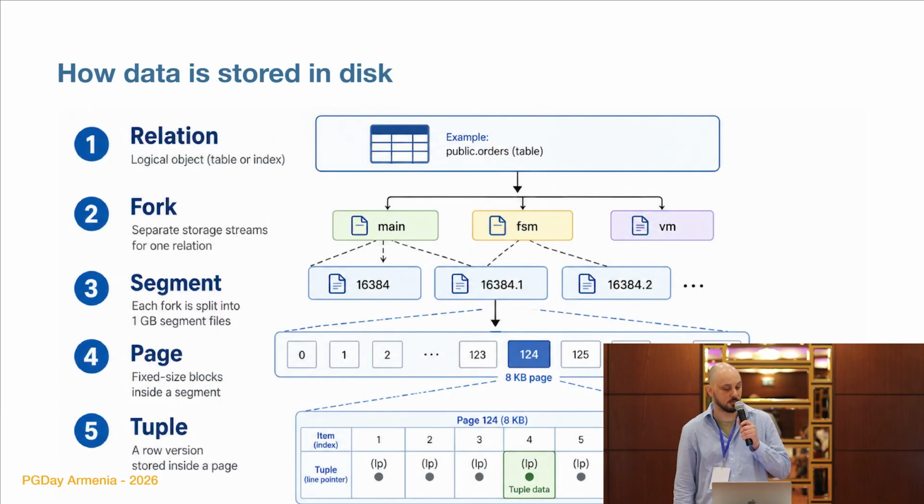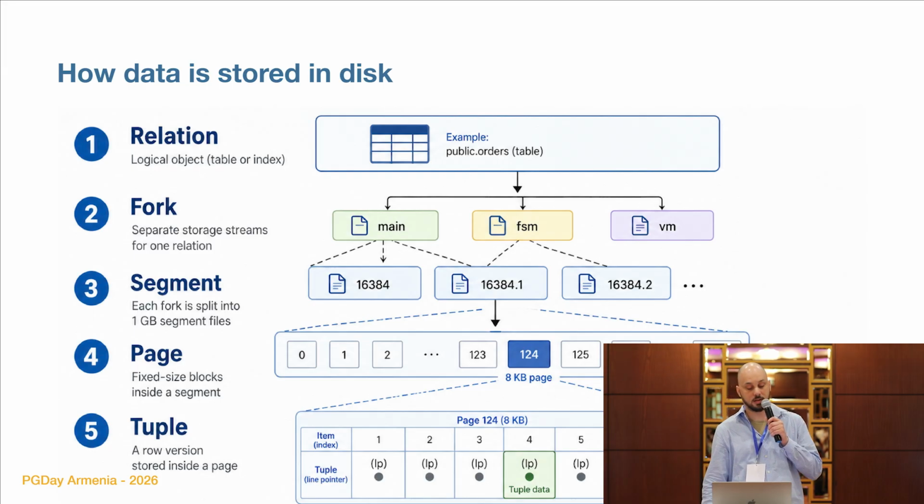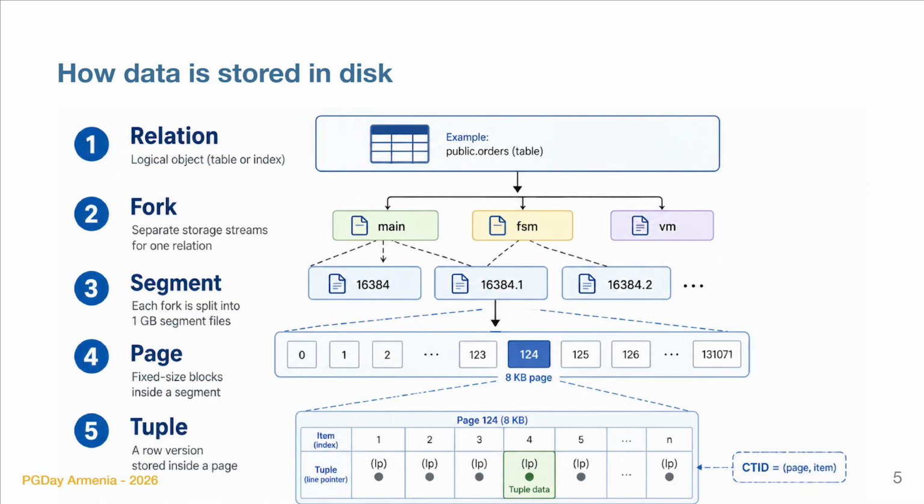So this is a diagram, a simplified illustration of how the files are stored on disk. We have a relation, and this relation has files called forks. Some of these forks are metadata, and the main fork is where the data actually goes. This fork can be split into several segments.